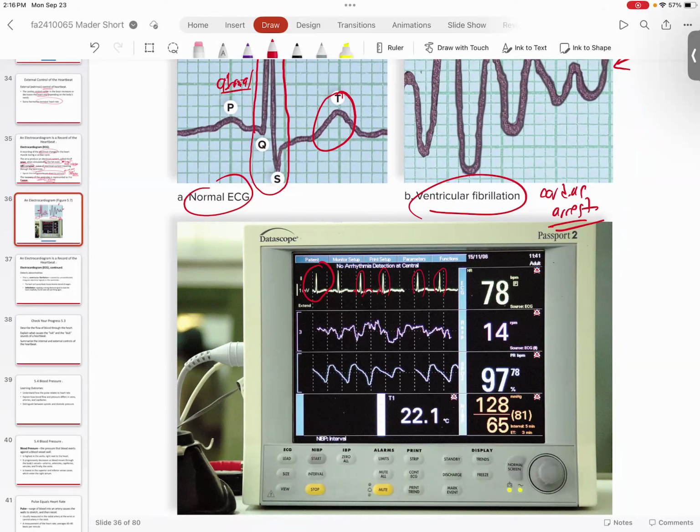The reason arrhythmias are so dangerous is because oftentimes you don't feel them. You're fine one second, the next second you just drop dead. You don't feel it. It's not a heart attack. There's not crushing chest pain and chest pressure that happens with this one. You're here and then boom, you're gone, right?